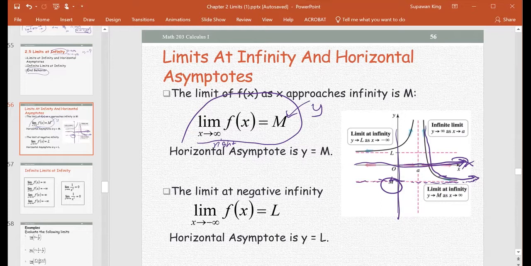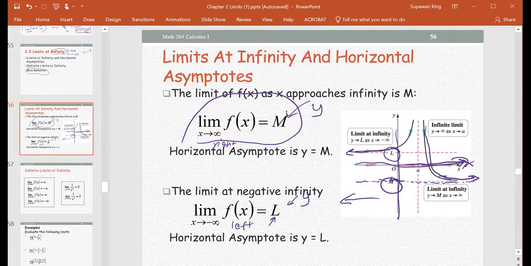And in a similar way, on the negative infinity side, that means going all the way to the left side of the graph, where the graph approaches the value L. So y approaches L as x approaches negative infinity, the left end behavior of the graph.